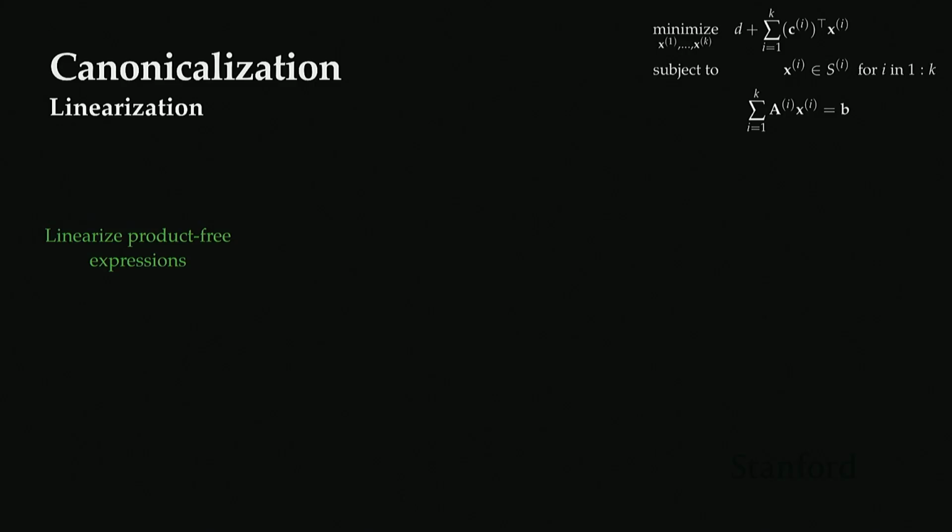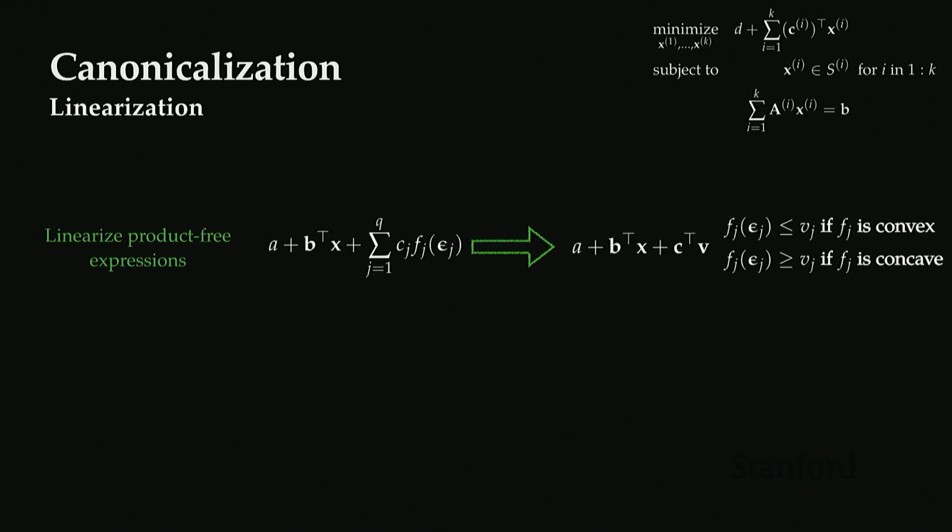It says to take all of the product-free expressions and convert them to affine expressions with additional inequality constraints. So we introduce a new variable for each function, vj here, and then introduce a new constraint that says if f was convex, that f should be less than or equal to vj. If f was concave, then f should be greater than or equal to vj.